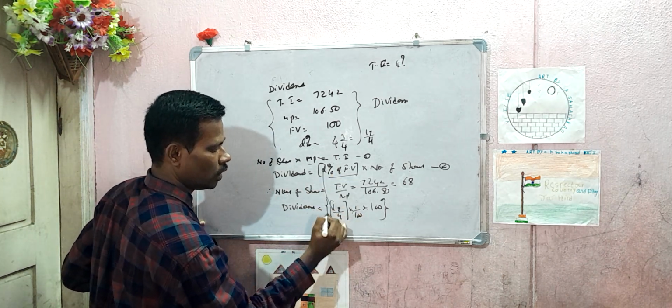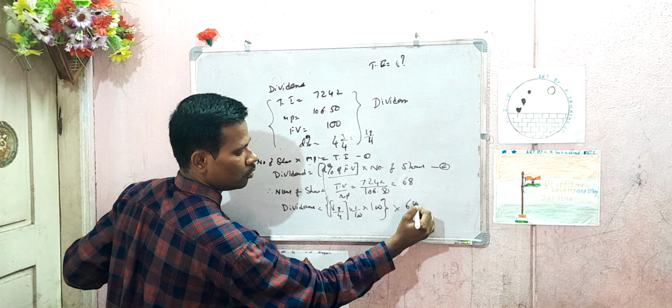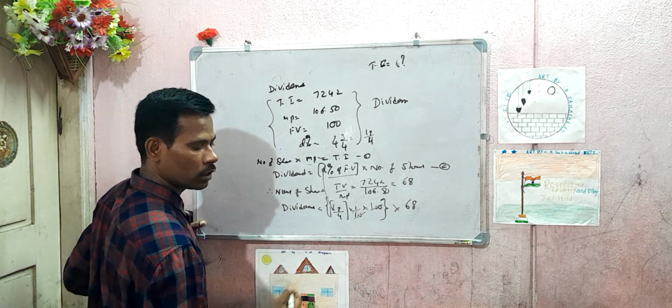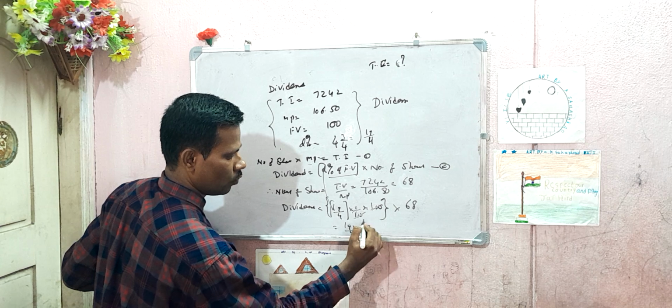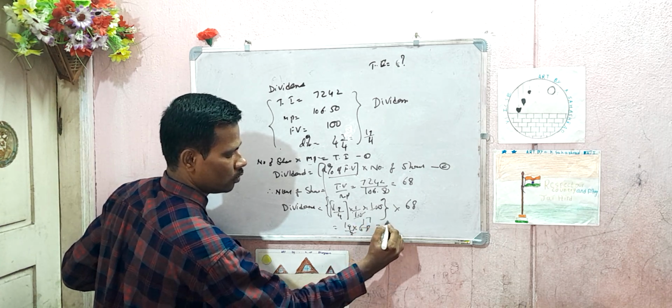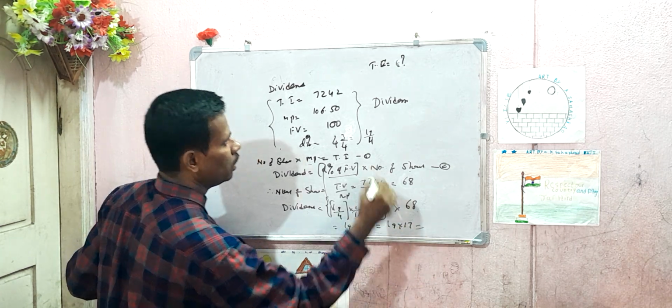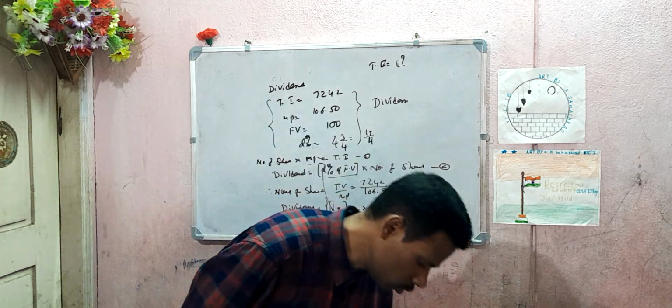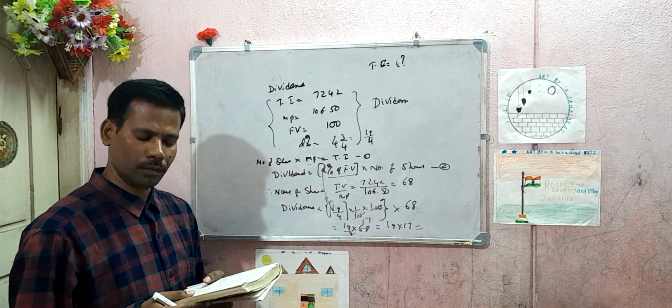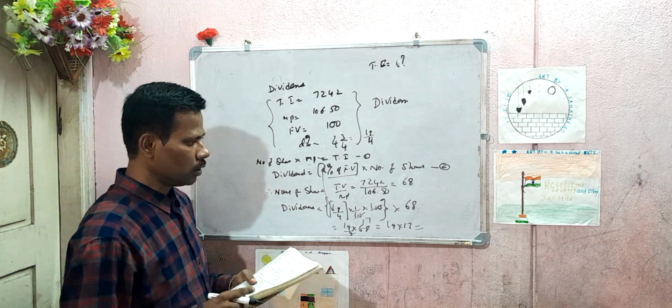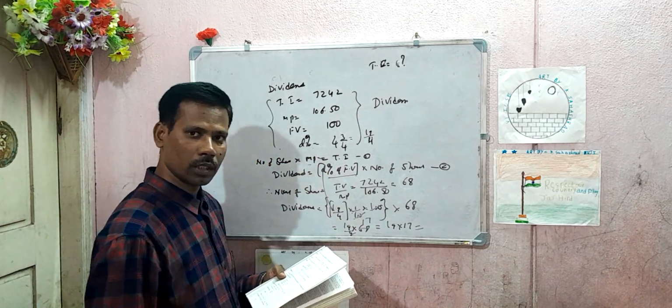Percentage is given, so I calculate this. Number of shares will come just now. So this will get cancelled. 19 by 4 into 68. 4 1s are 4, 4 17s are 68. 19 into 17, that is the dividend. You just multiply, and that is the answer. That is 323, I think. Something like 323.